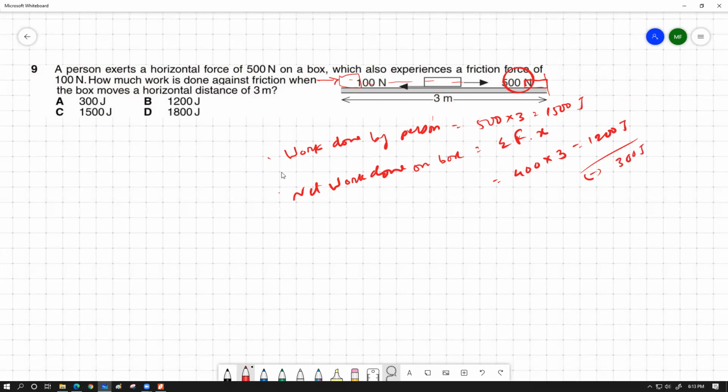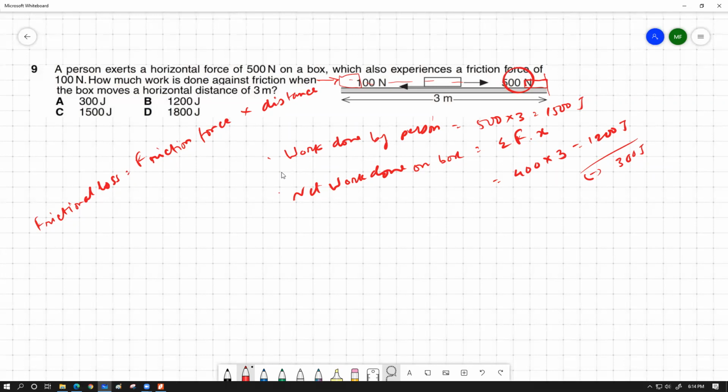Or the other way you can say is that frictional loss can also be calculated directly. Frictional loss equals friction force multiplied by distance covered. Now, if you wonder, sir, why does this work? This works because the friction is always working in the reverse direction.